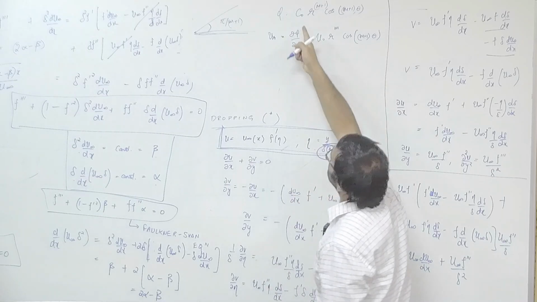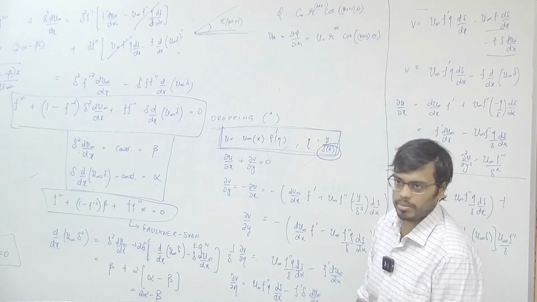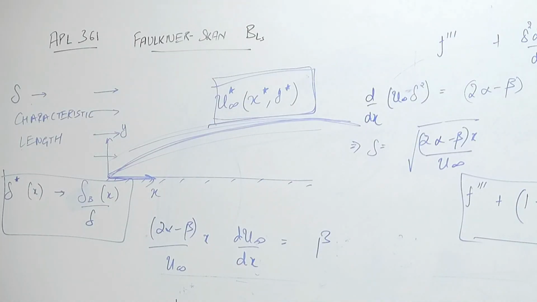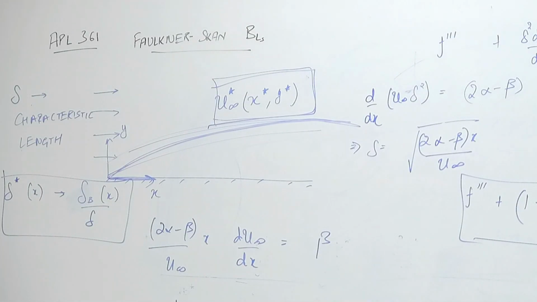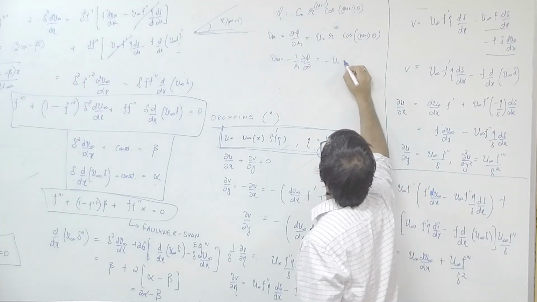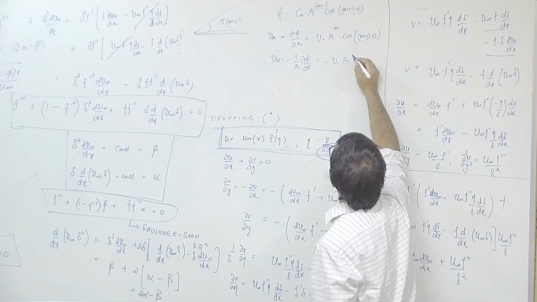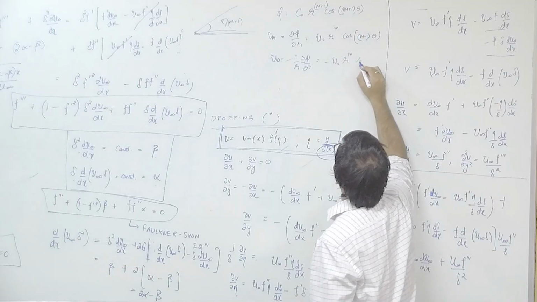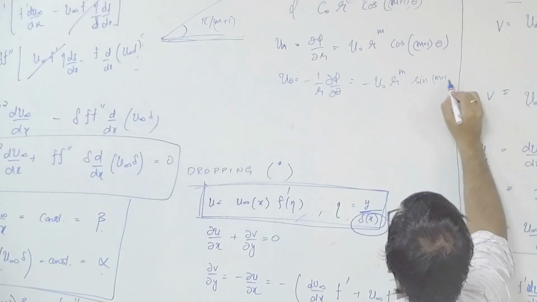Of course this constant is c naught times m plus 1, but I am not bothering myself with that. And then u theta becomes minus u naught r to the power m sin m plus 1 theta.